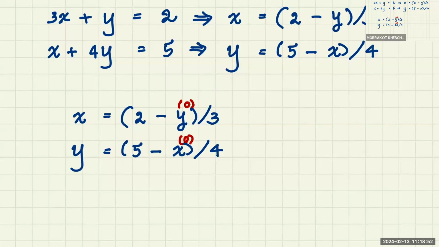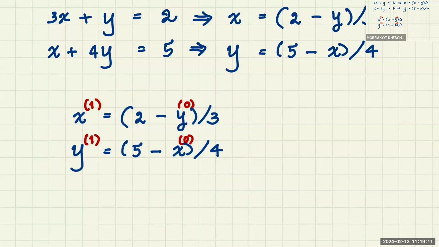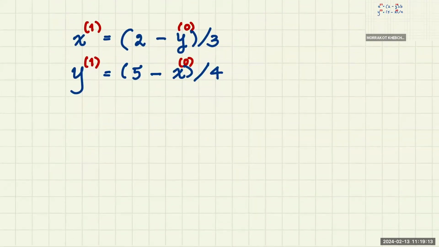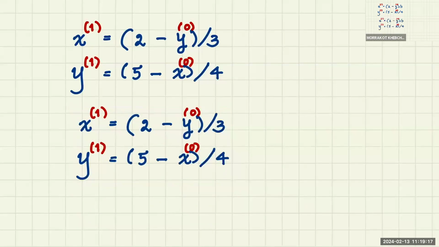I will say that initial guess, okay? And then I plug it in. I will get the new number x1, y1, okay? And then if whatever I plug in is the same, if it is the solution, what does it mean?